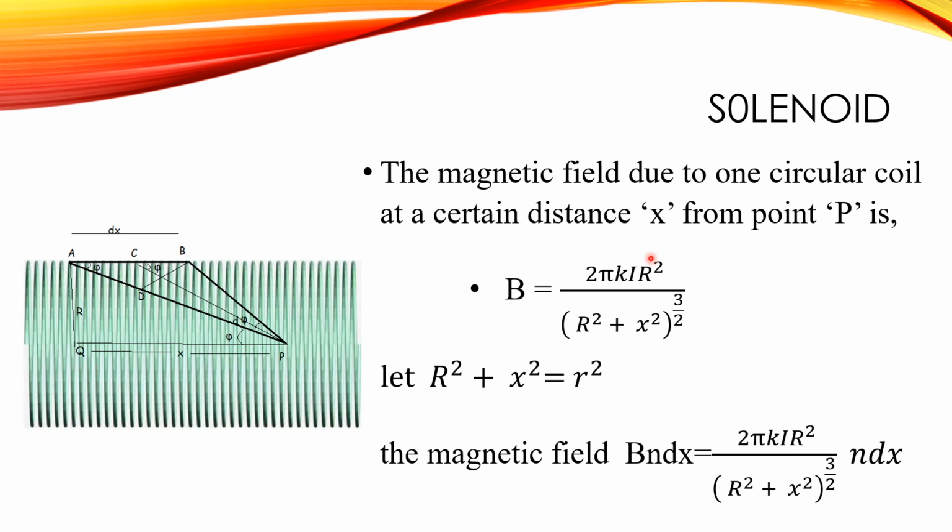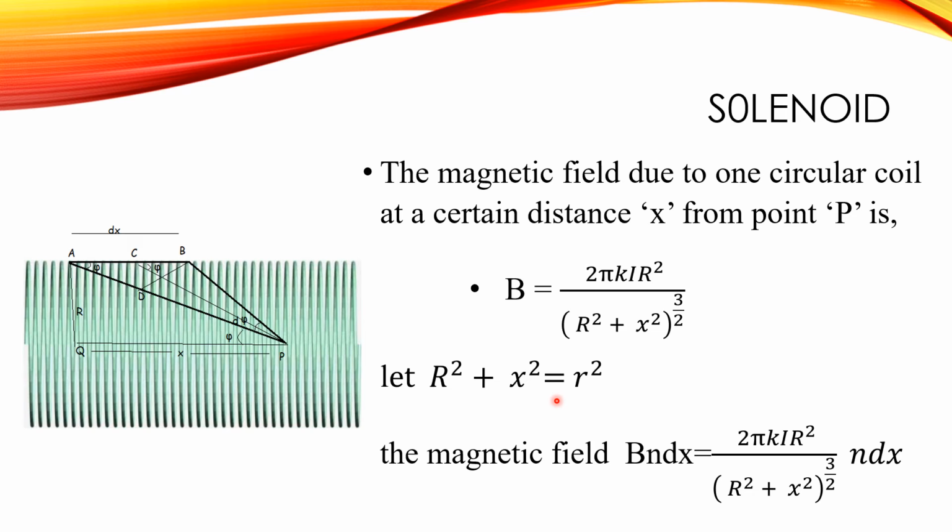The magnetic field due to one circular coil at a certain distance x from the point P can be given as 2 pi Ki r square by r square plus x square to the power 3 by 2. Here the term r square plus x square is equal to r square denotes the square of the distance of point P from each point of the circumference of that single coil.